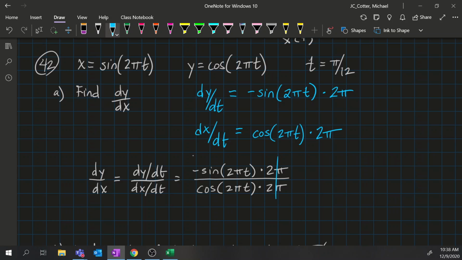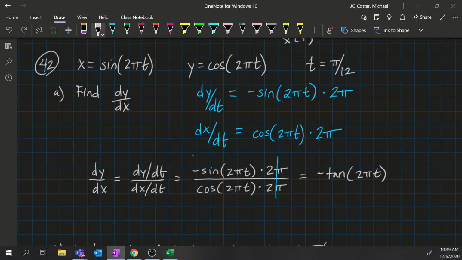And we can cross out the 2 pi's. And this is going to be negative tangent of 2 pi t. Or if you want, you can just leave the sine and cosines alone. Doesn't really matter. But I'm going to simplify it. So that's dy dx in terms of t.